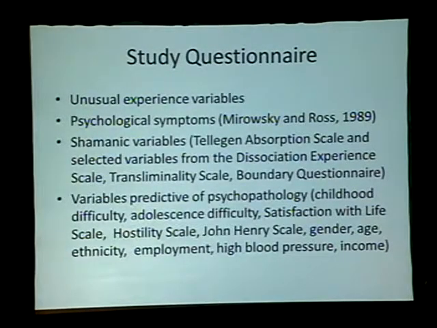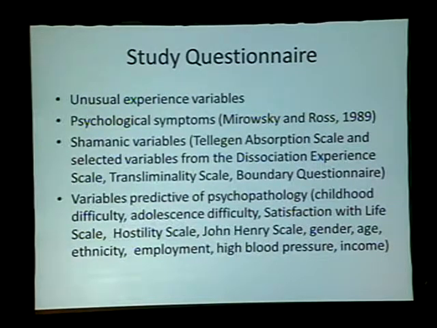We have a study questionnaire. First item is going to be the unusual variables. We've already went over. We'll use Murawski and Ross's psychological symptoms. Here's what I call shamanic variables: Tellegen absorption scale, dissociated experience scale, transliminality scale, boundary questionnaire. I had to use selected variables because there's finite space available.